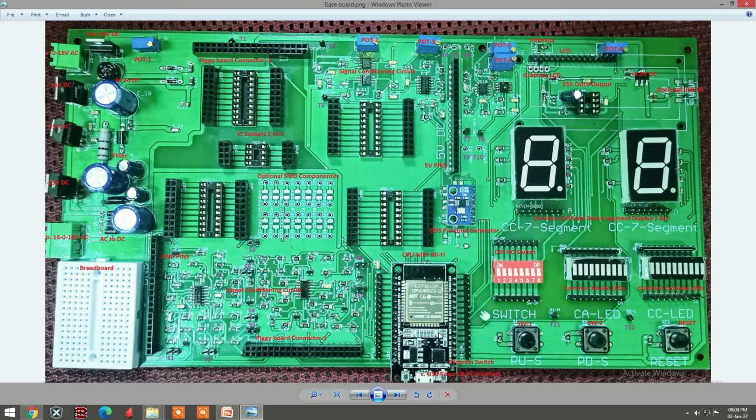Whenever you want to load a program on this CPU, as you can see, there is a separate USB connector which is connected to this microcontroller. So this USB is also giving the power to the CPU. You connect it to your computer, write the program in the Arduino compiler and download it.